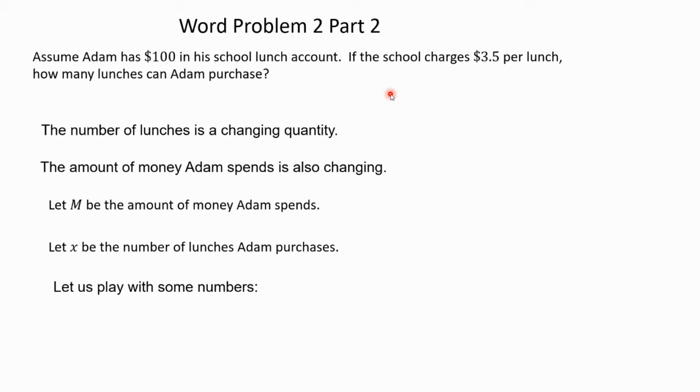So just like the previous question, we're going to use some notation: M is how much Adam spends, and X is how many lunches he purchases. Those are two quantities that are changing, how many lunches he buys and how much money he spends.